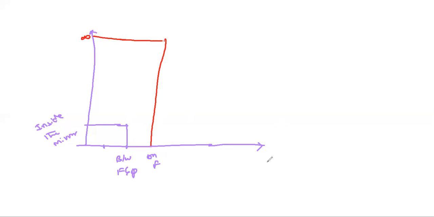So on the x-axis I am taking the position of the object, on the y-axis I am taking the position of the image.